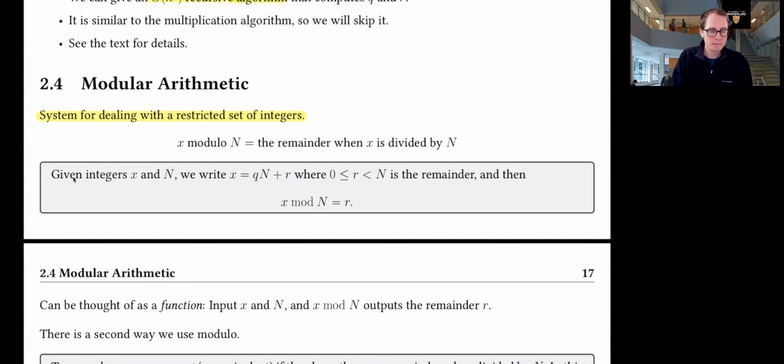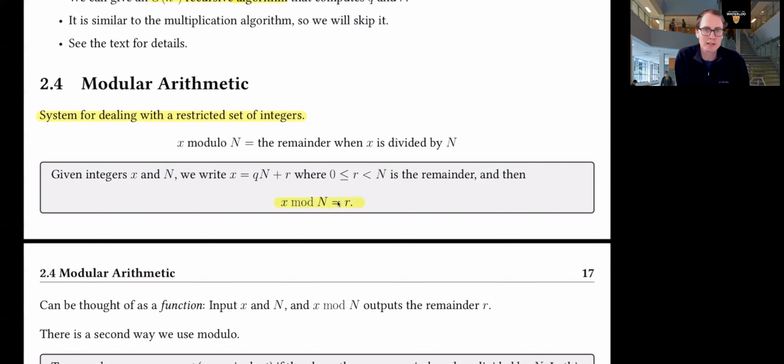So given integers x and n, we can write x as the quotient times n plus the remainder, right? Just divide x by n. It goes in q times with a remainder of r. And then x mod n is just the remainder. So x mod n is the remainder when you perform the division of x divided by n.